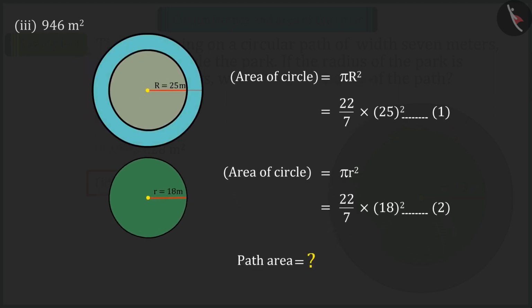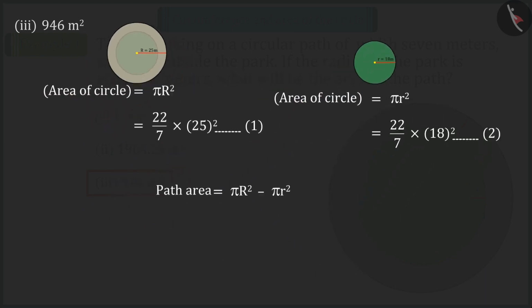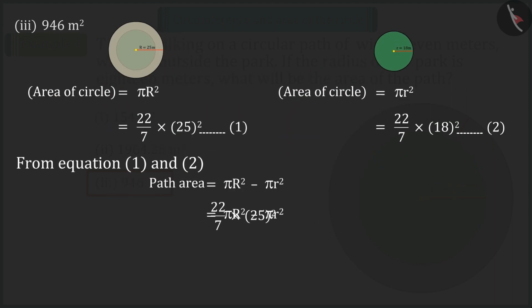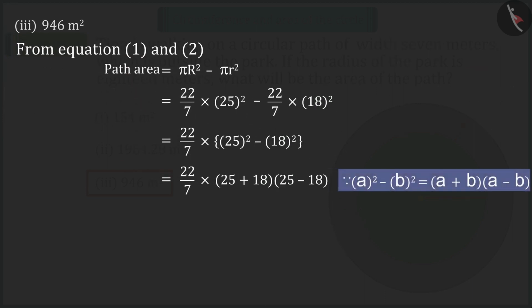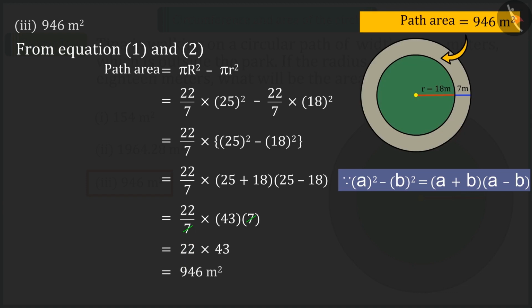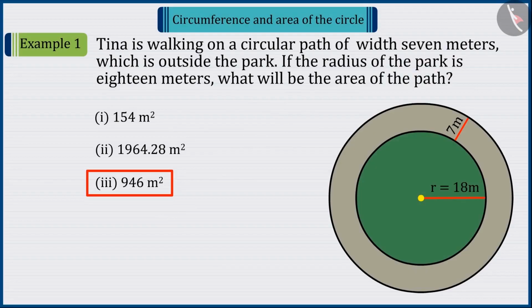Since we have to find the area of the path, so subtract from equation 1 the equation 2. Which, when solved, gives the area of the path as 946 square meters. So, option 3 is the correct answer.